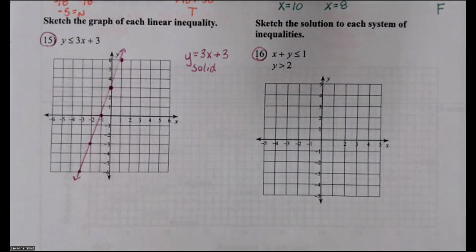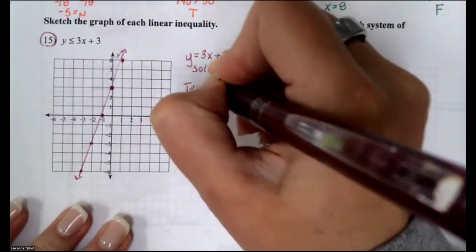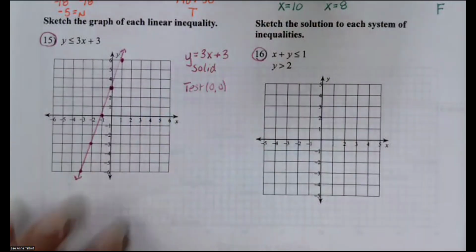Okay, then I say to myself, is (0, 0) an okay thing to test? Yes, because it's not on the line. Oh no, my pen is running out.